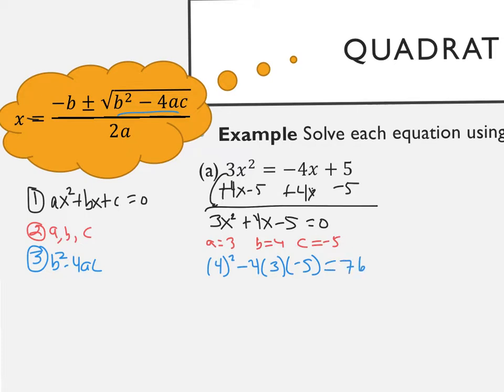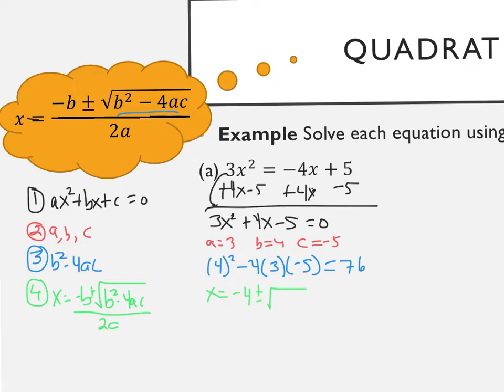And then our next step is to do the quadratic formula. So we have x equals negative b plus or minus the square root of b squared minus 4 times a times c, all over 2a. So we'll have x equals the opposite of b, which is negative 4, plus or minus the square root.